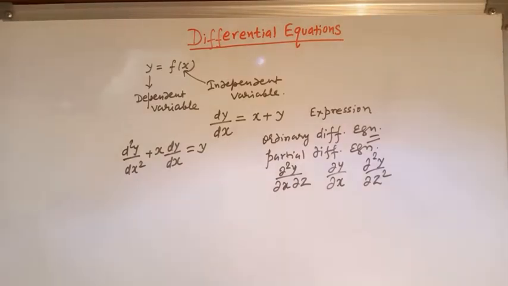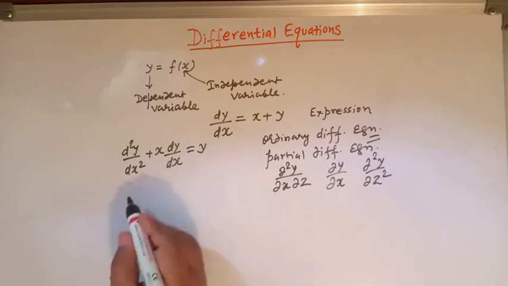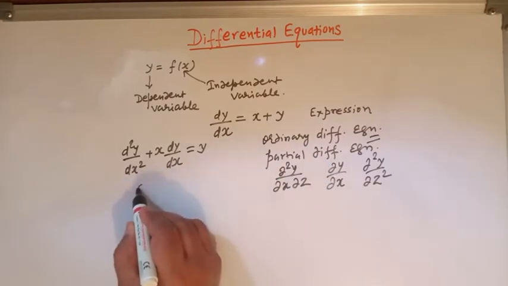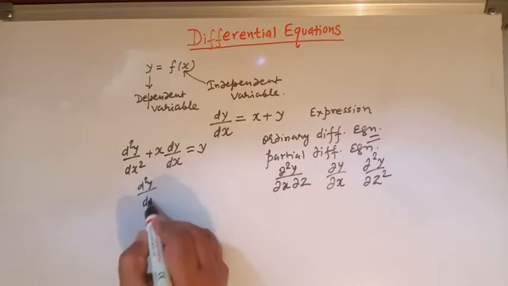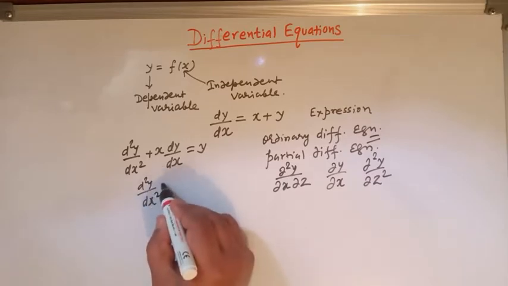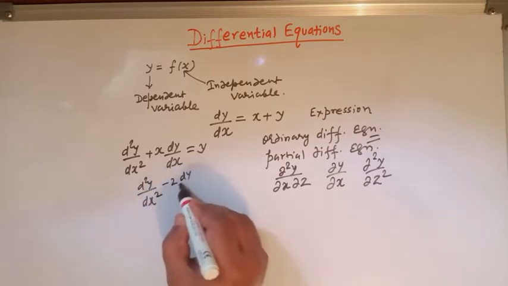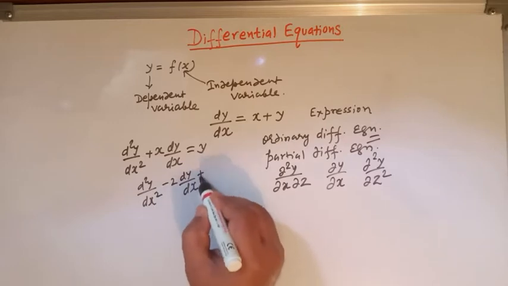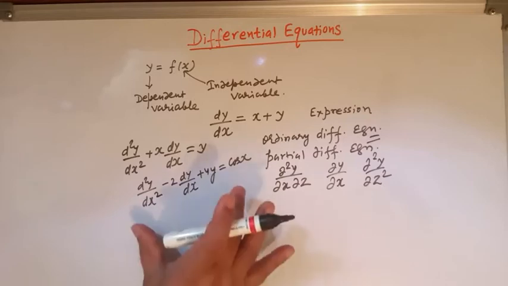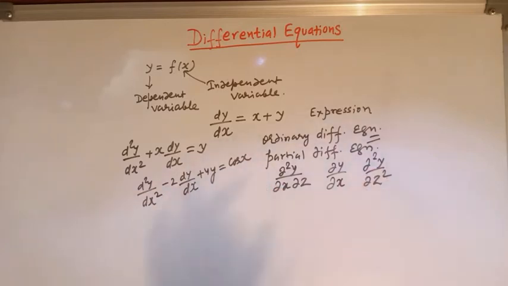Now let us take some more examples of ordinary differential equation. Suppose we have a differential equation of this type, d square y over dx square minus 2 dy over dx plus 4y is equal to, say, cos x. Now this is also an ordinary differential equation. Clear?